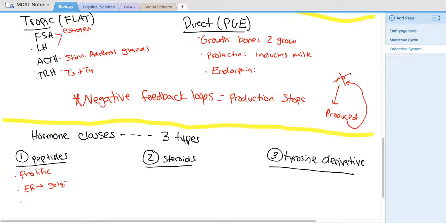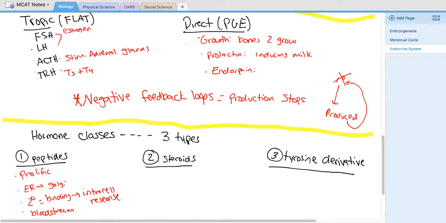You're going to use secondary messengers, and essentially what this means is that binding will induce an intracellular response. And because peptides are polarized, they're going to be dissolved in the bloodstream.